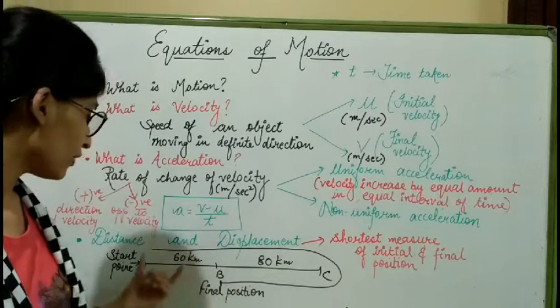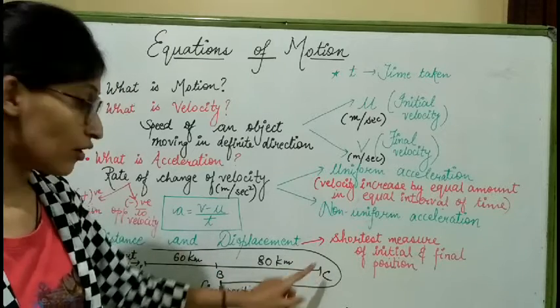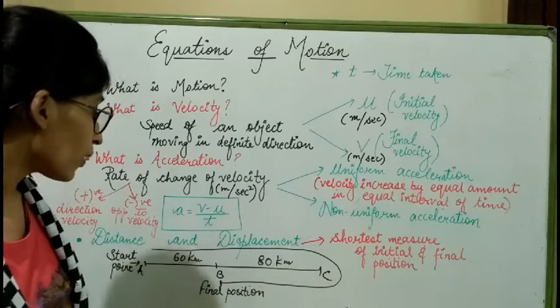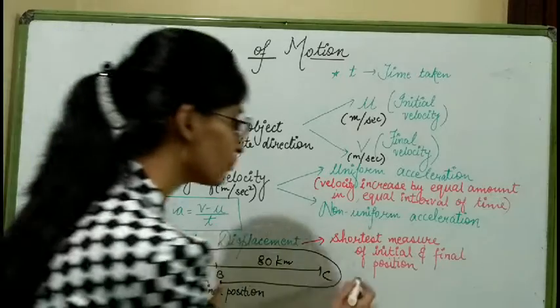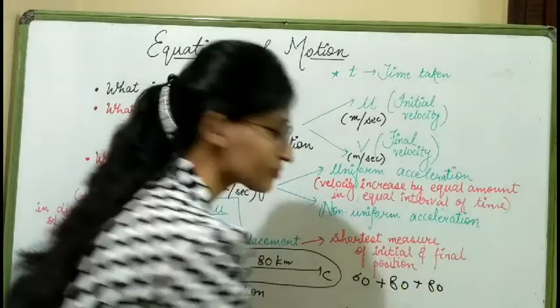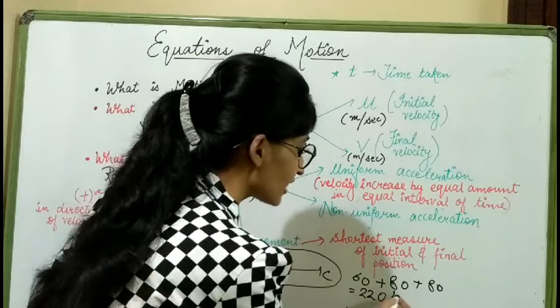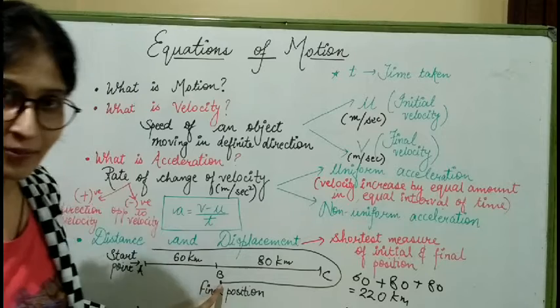The distance covered will be from A to B, from B to C, and again from C to B. So total distance covered here will be 60 plus 80 plus 80. A total of 220 kilometers has been covered by the car.